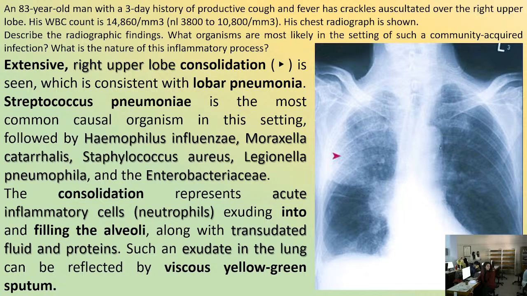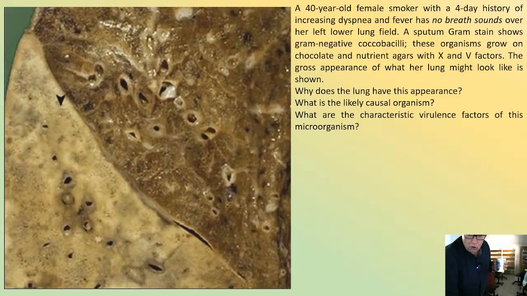So this is the area of consolidation. There is no air left in the alveoli, and an inflammatory exudate has accumulated within the place where air was supposed to be. So now let's see that on a macroscopic view.